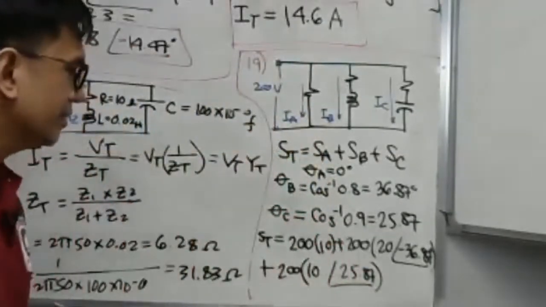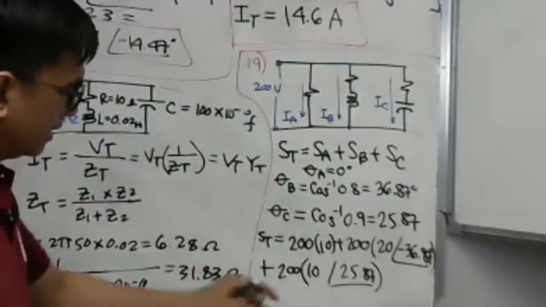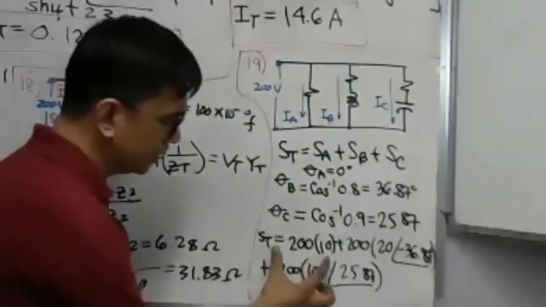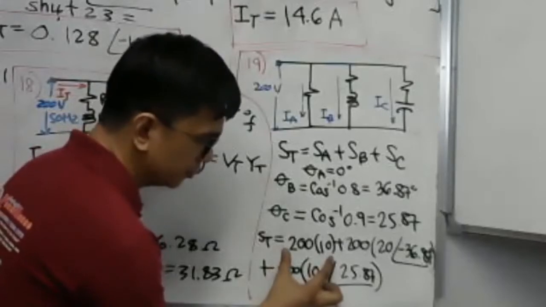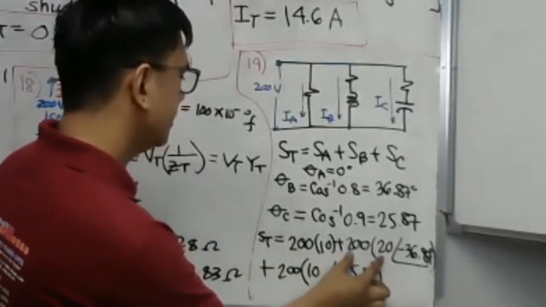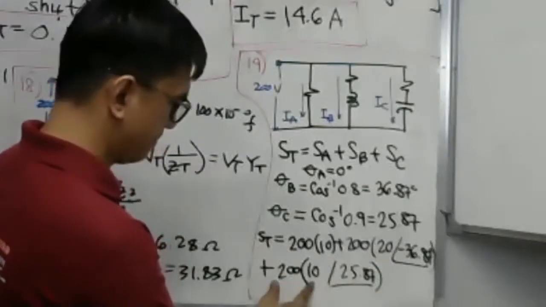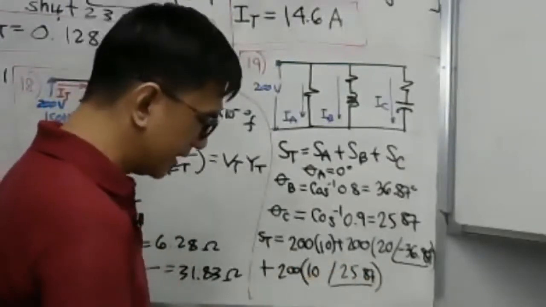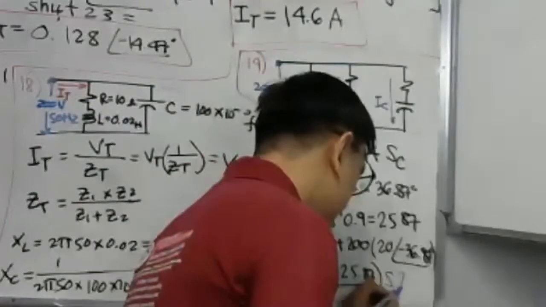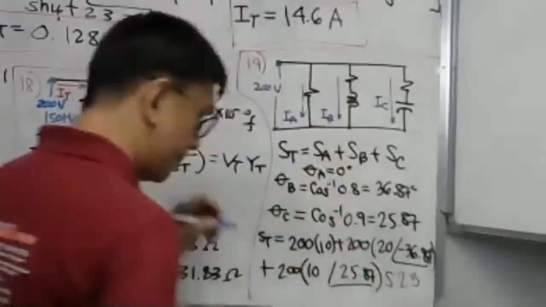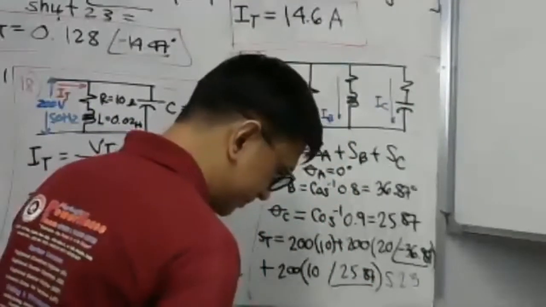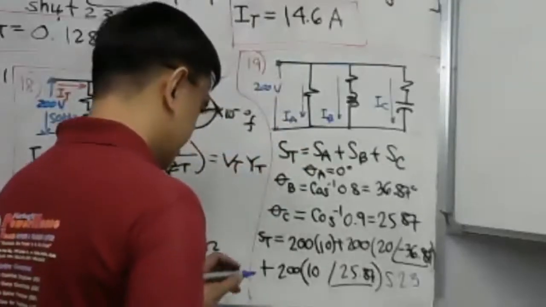Set your calculator in mode 2, then you can calculate this already. This will become 2,000, then 4,000, then 2,000 again, each with its angle. Once you input them, press Shift 2 3 on your calculator and the polar form of our ST will appear.